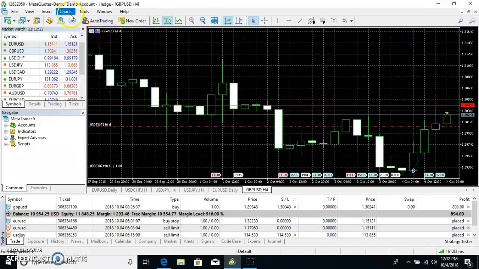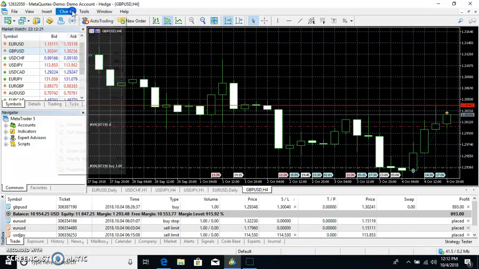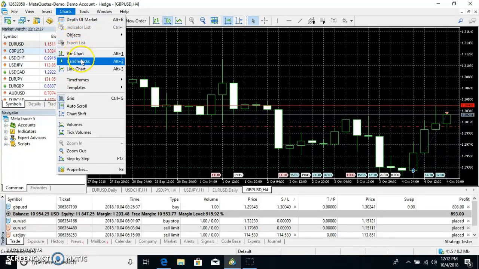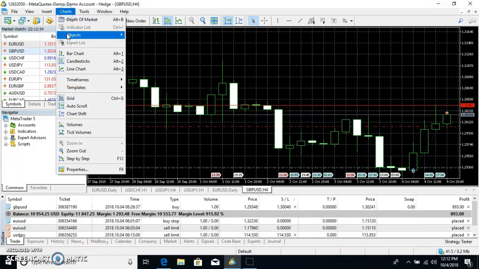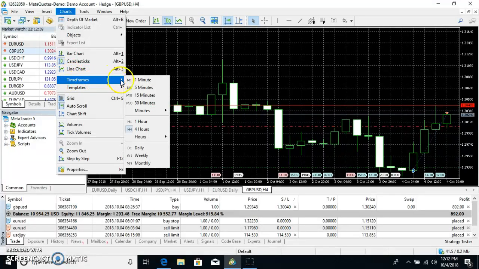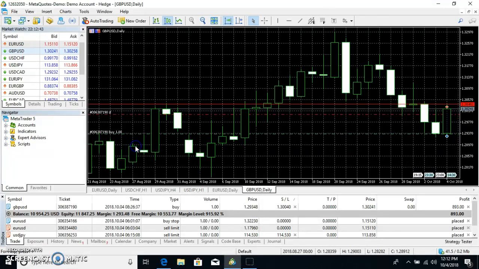Let's look at the 1 hour chart real quick. Let's look at the day chart. Yeah, the day chart, it looks like it may have hit resistance. If we look at this, right here.